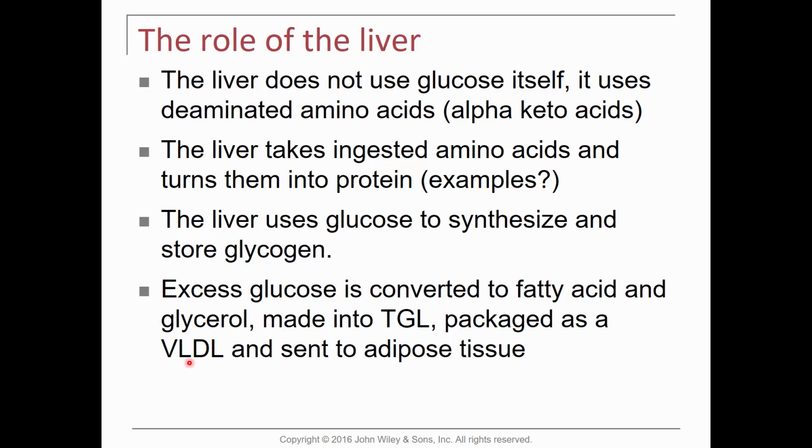VLDL stands for very low density lipoprotein, which means this is a lipoprotein that's mostly made of lipid. So it is a low density molecule. Those enable the triglyceride to dissolve in the blood so they can be sent to adipose tissue.